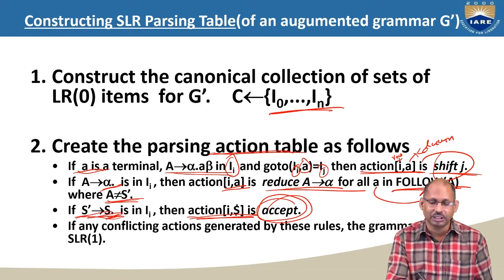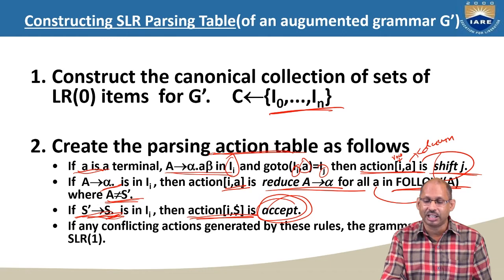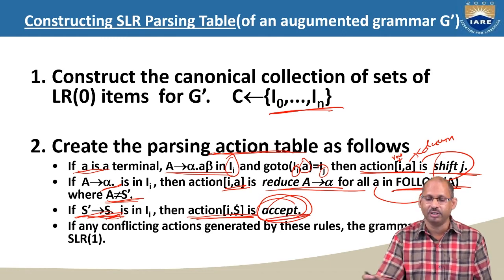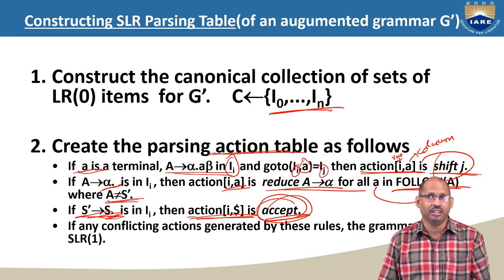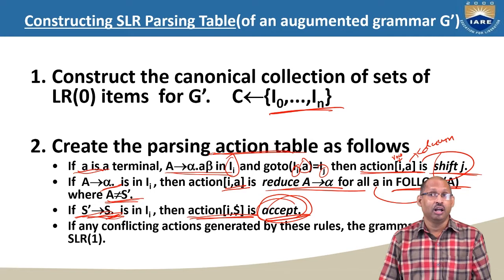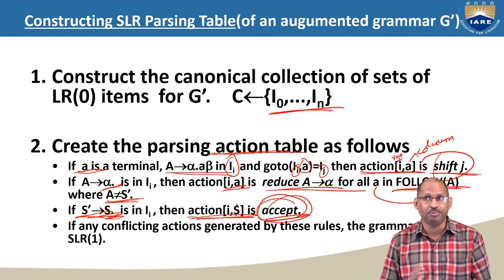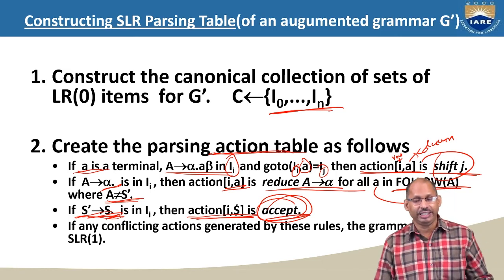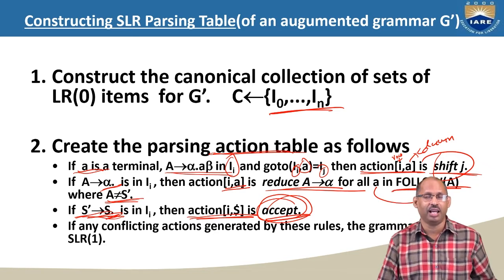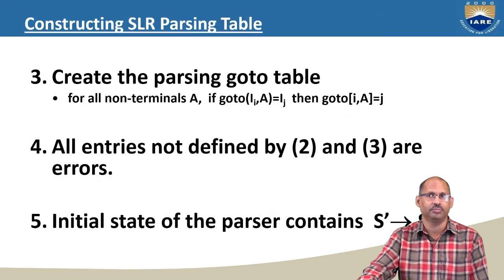Since it is a special production, we write action I comma dollar is accept. Is it clear? The action table will contain shift J, reduce some production number, or accept. If any conflict actions are generated by these rules, the grammar is not SLR1. So any cell having double entries means it is not an SLR1 grammar.